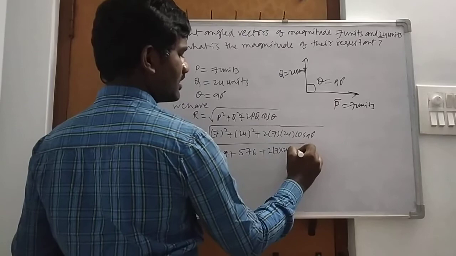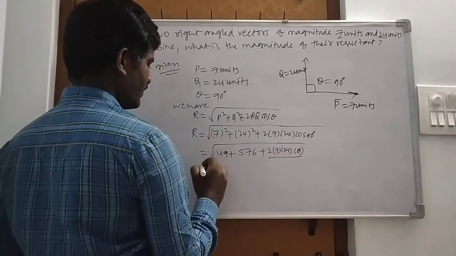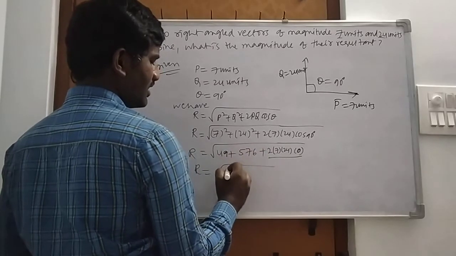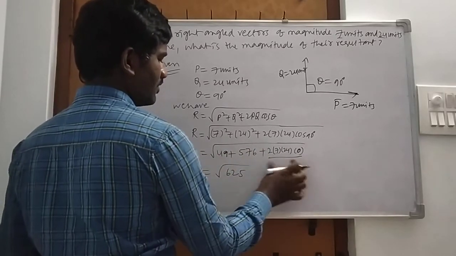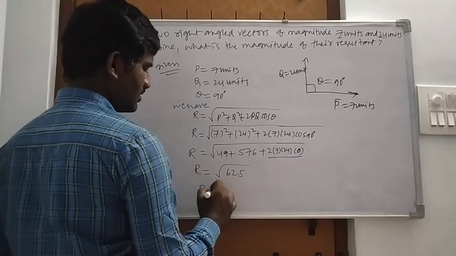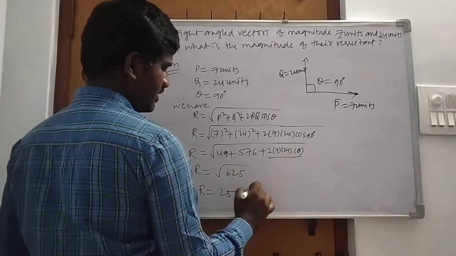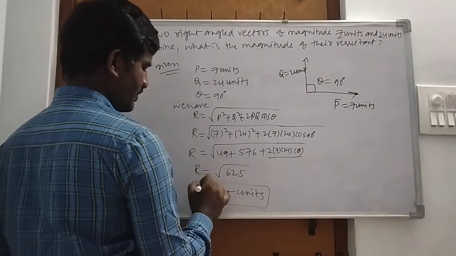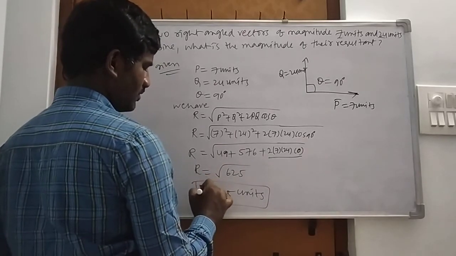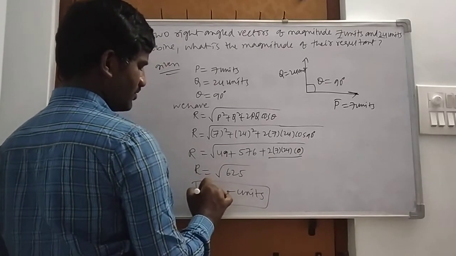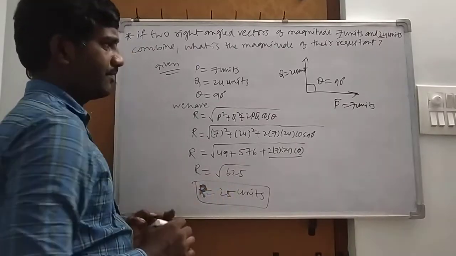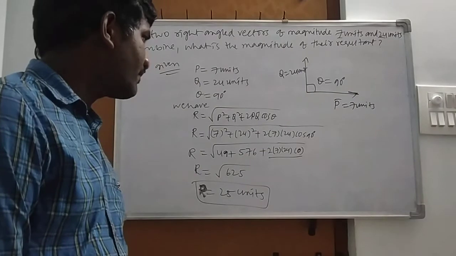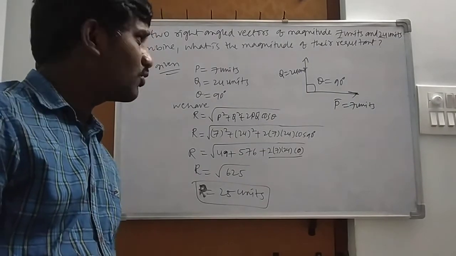This total term becomes 0. So 576 plus 49 is 625. That is R is equal to 25 units. That is the resultant vector magnitude is 25 units. So these are the 2 marks problems in motion in a plane.